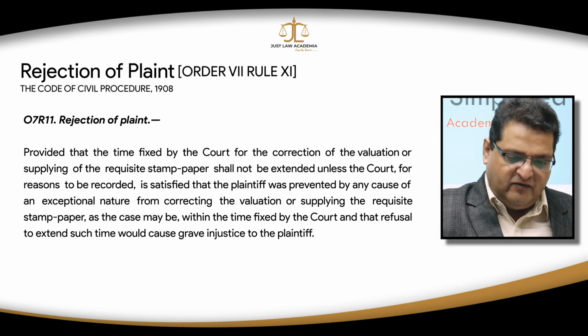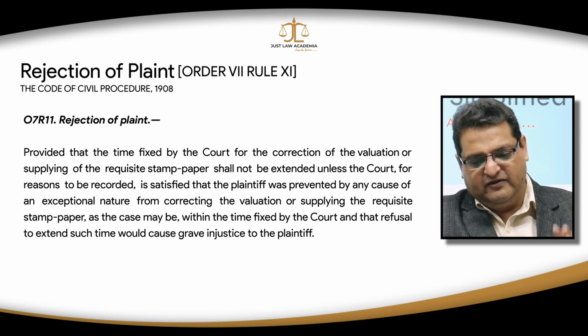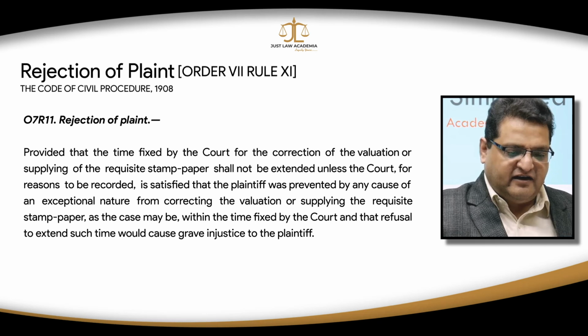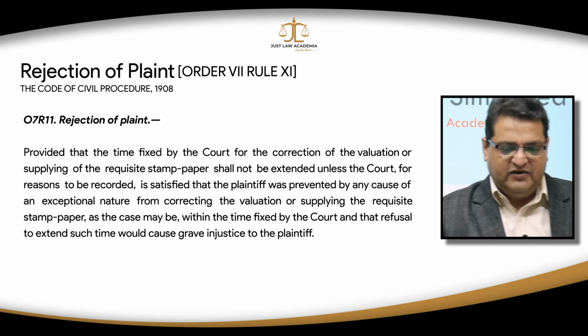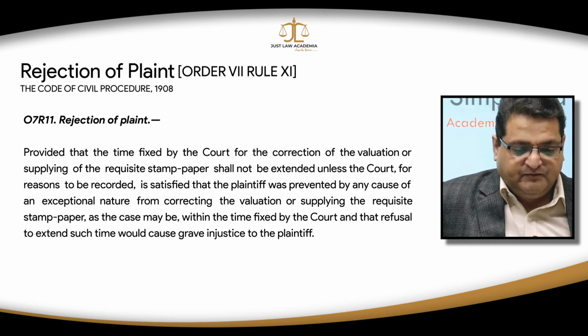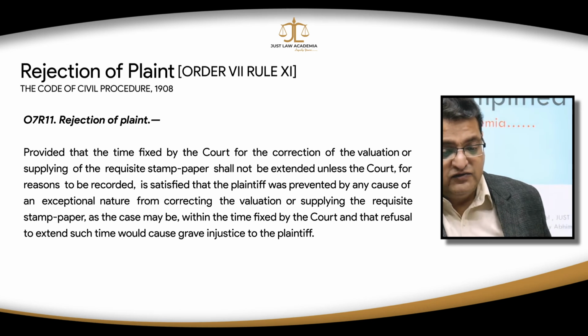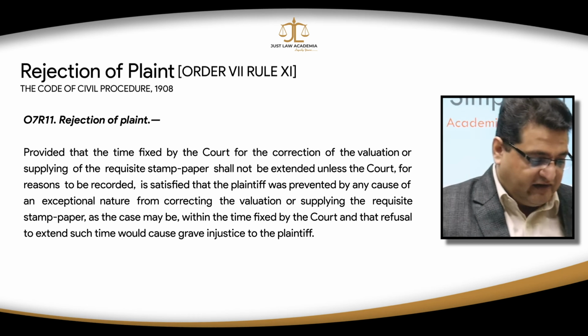So, striking down of the pleadings is altogether different, and rejection of plaint is altogether a different aspect, fine. The court can strike down certain pleadings, but cannot reject the plaint in part. Whenever the plaint is to be rejected, it is to be rejected as a whole.